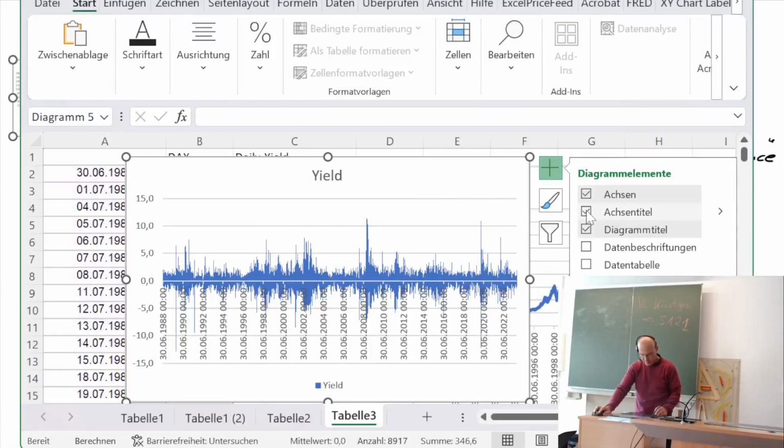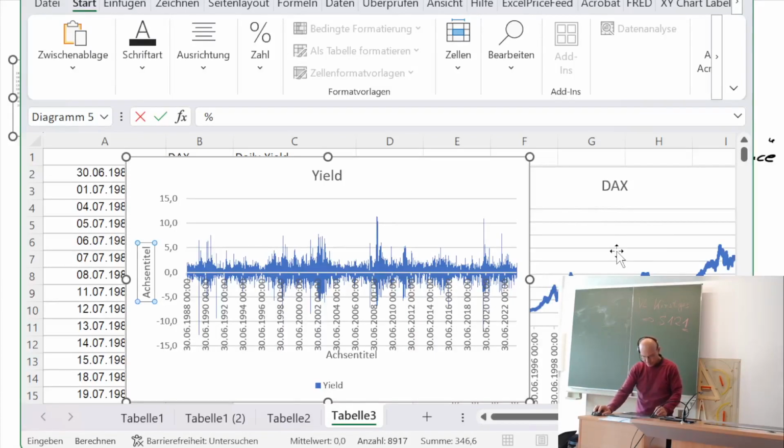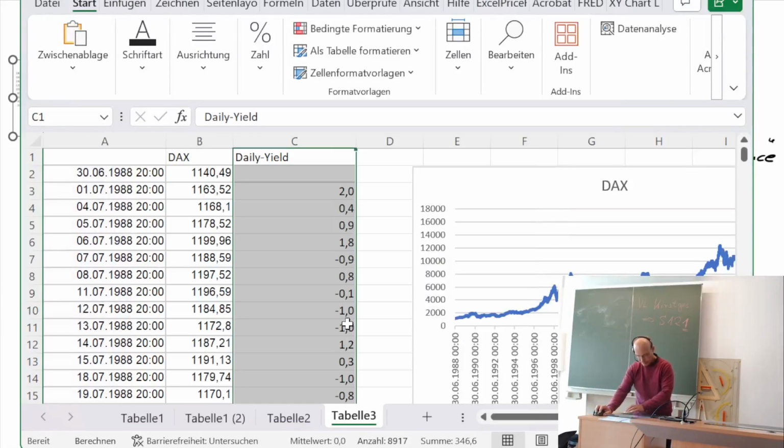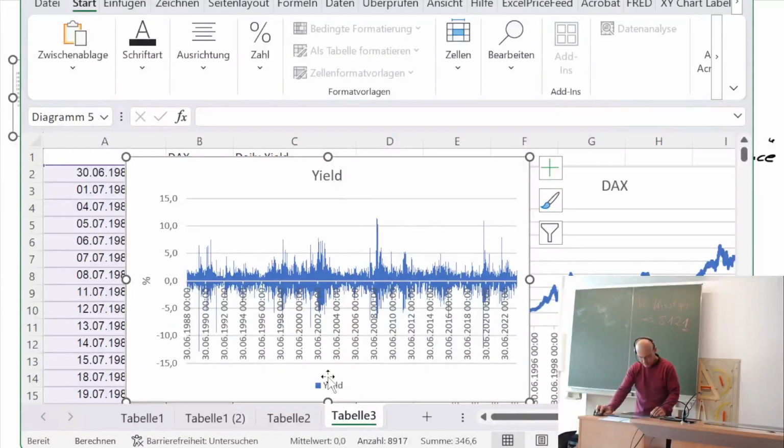So this is now in percentage. This is the DAX daily yield.